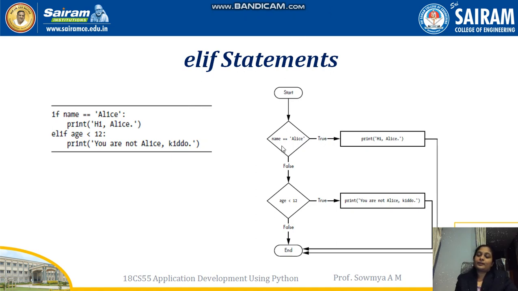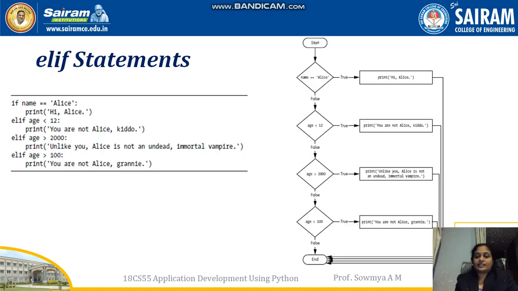You may know the name, so you set one more parameter to test whether you are Alice or not, that is age. The person who knows the name can cheat, but he may not know the age. That is our condition. Start, name equal to Alice. If it is true, print hi Alice. If false, then go to age. If age is less than 12, then also it is false.